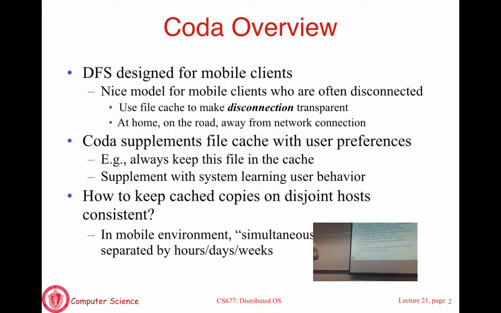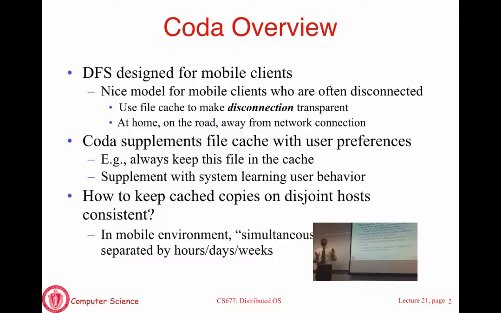So, what does a mobile device bring to the table that changes the design of a file system? The main thing that Coda worries about is this notion of disconnection or weakly connected lines. The idea is, if you have a laptop and you use Wi-Fi to connect to your network, there will be periods of time where you do not have any Wi-Fi access.